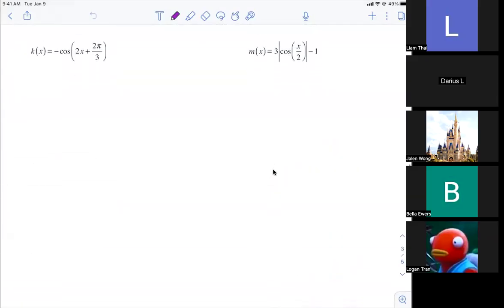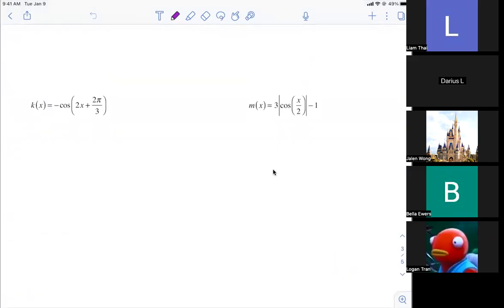So what was your question about those? How do you know when it's just reflected over, or when it's restricted to just positives? That's why you have to do it in stages. So, for example, in this case, if you want to really be certain, you first would graph cosine of x over 2, that function.